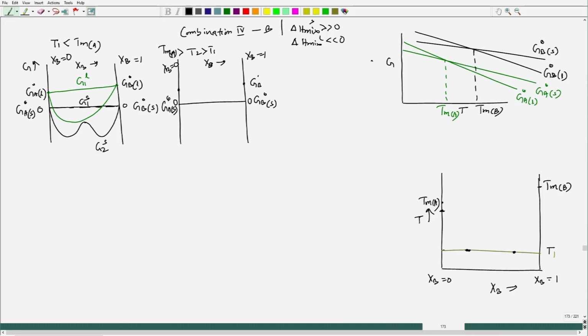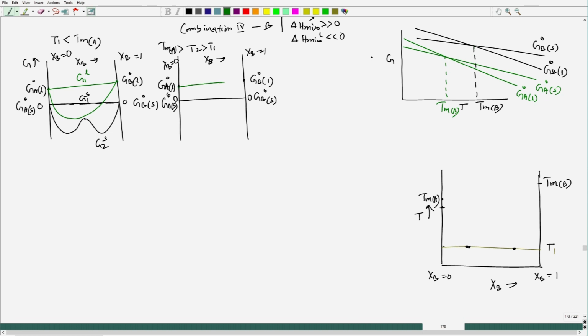So, this is G b naught liquid, this is G a naught liquid, this is liquid G1, this is solid G1. Now, as we increase temperature, this point will shift towards the left.